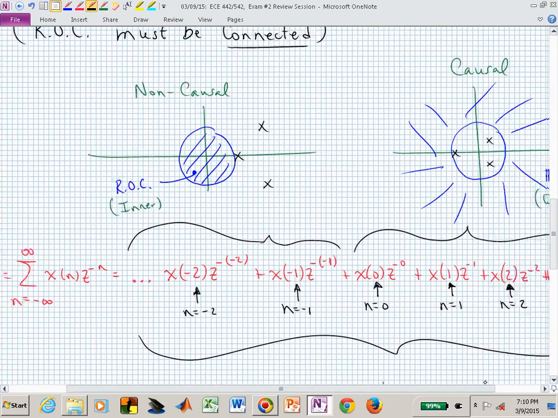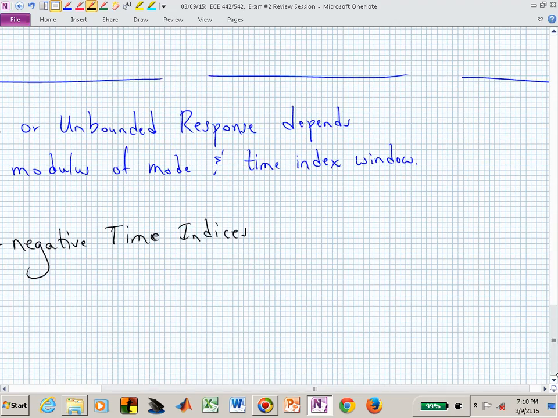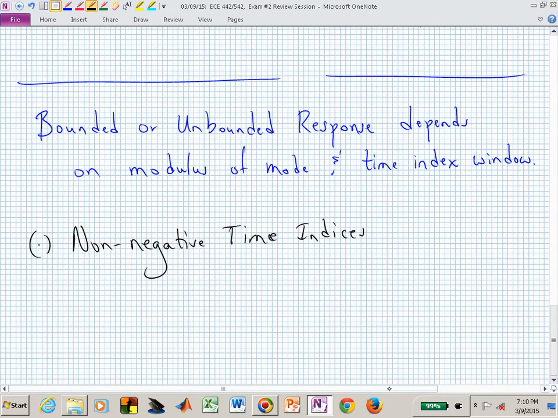It's the upper right one in our earlier picture. Suppose the modulus of the mode is less than 1, with non-negative time indices, n greater than or equal to 0.